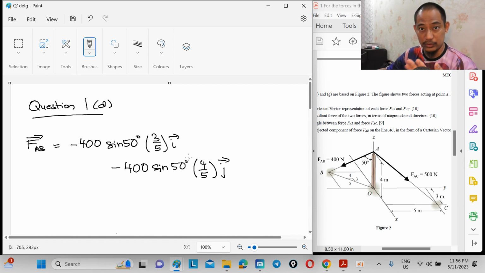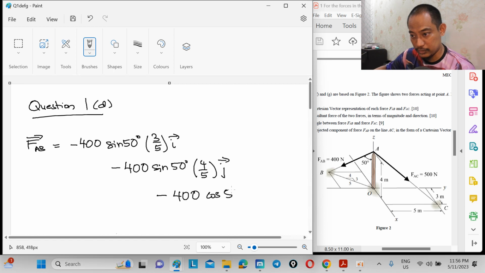Do not assume, do not guess, make sure you avoid any mistake. If you have to draw the two triangles to get this, draw them, and then minus 400 cos 50 degrees.